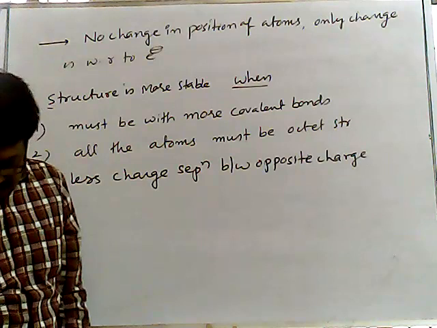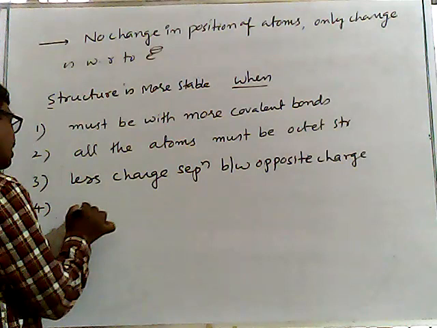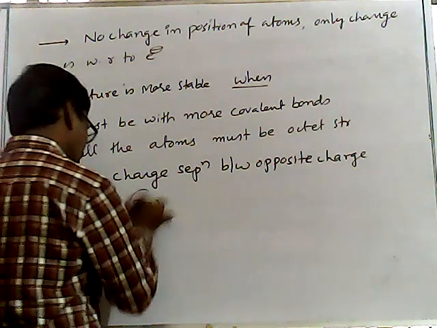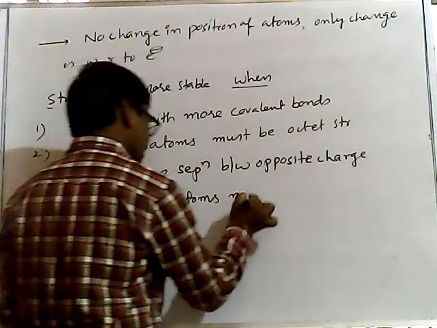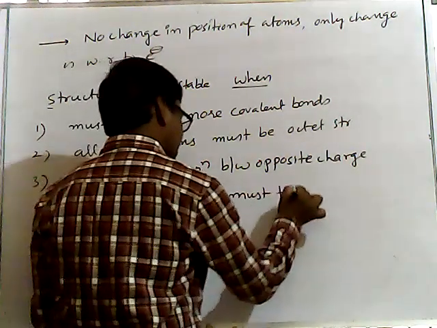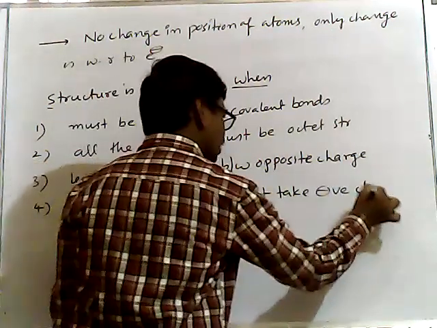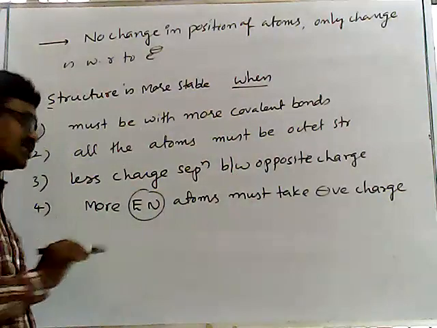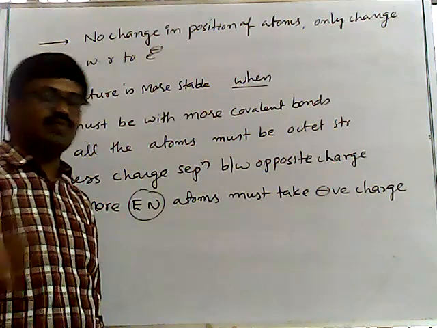Then next thing is, in the given structures, the more electronegative atom must take the negative charge, then only it is stable. If a more electronegative atom takes a positive charge, it is not stable, because more electronegative atoms will not accept a positive charge.